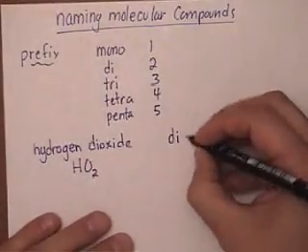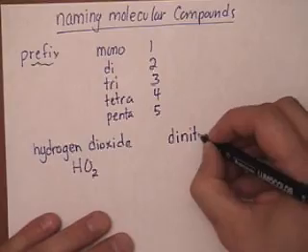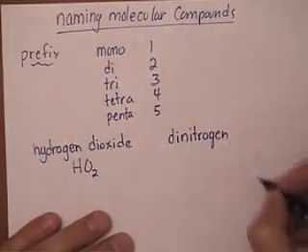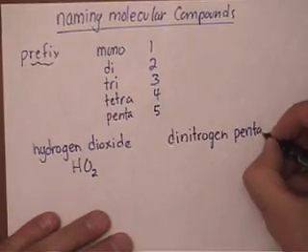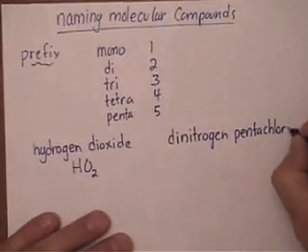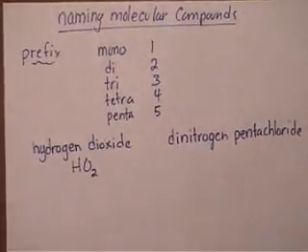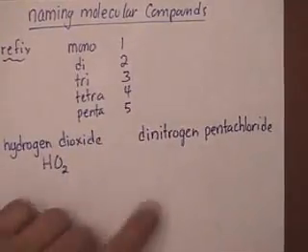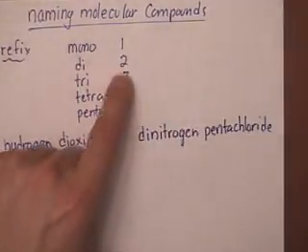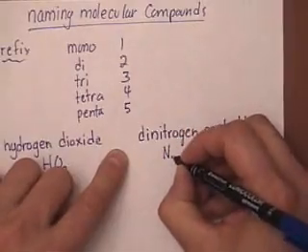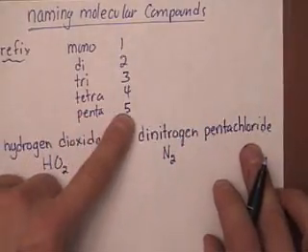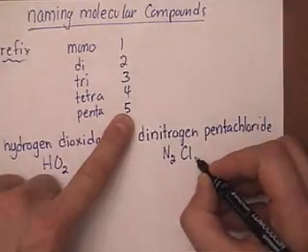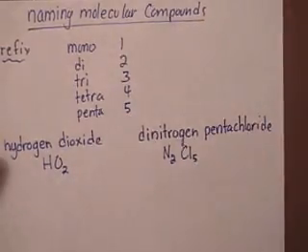Let's try dinitrogen pentachloride. Okay, dinitrogen pentachloride. Dinitrogen, now di is 2, so that's going to be N2. And pentachloride, penta is 5, so chlorine with 5 on them.